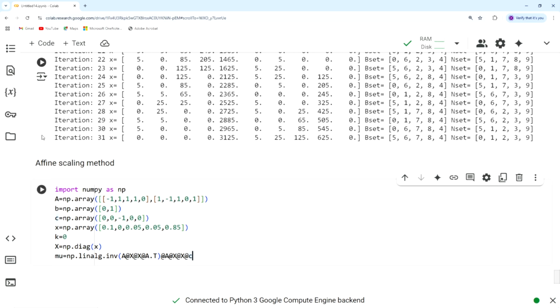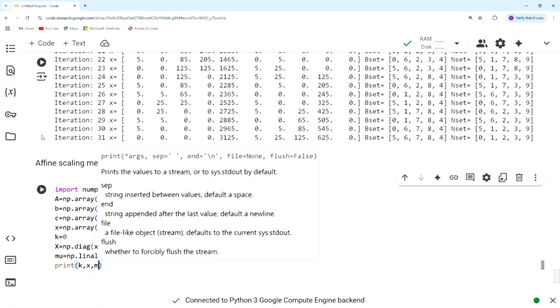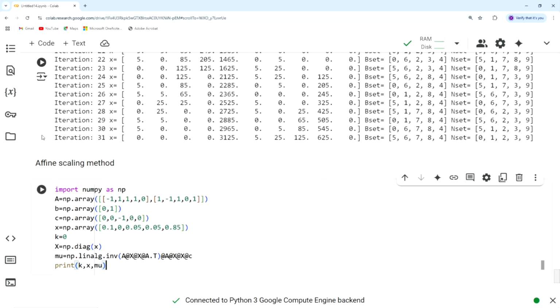So, we will first print this because we want these values k and x, and possibly for the first one we will print mu, or we can print the modulus of C transpose x minus B transpose mu, okay, fine.